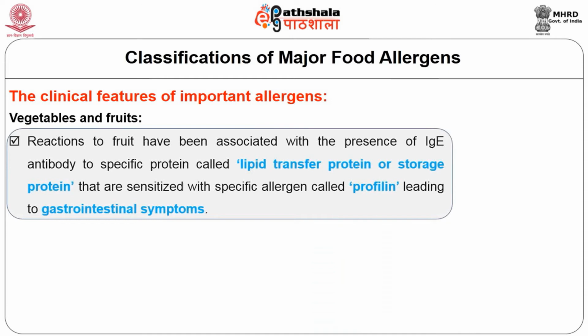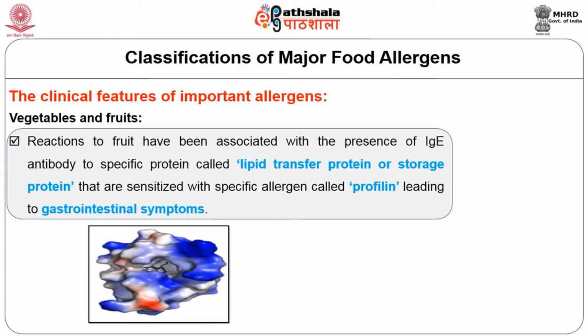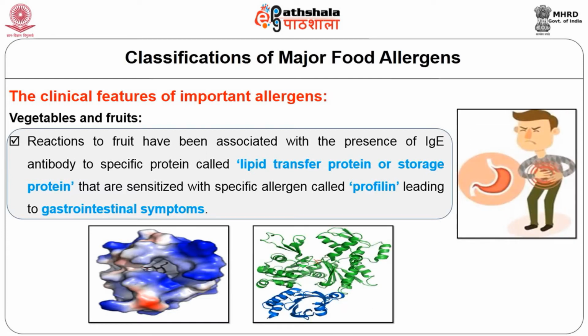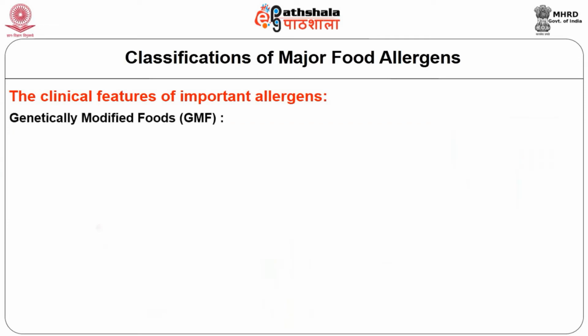This type of allergy is called pollen food syndrome or oral allergy syndrome. Reactions to fruit have been associated with the presence of immunoglobulin E antibody to a specific protein called lipid transfer protein, or it can also be called a storage protein, that are sensitized with a specific allergen called profilin, leading to some kind of gastrointestinal symptoms. Increasing population needs a greater demand for agricultural stuffs.